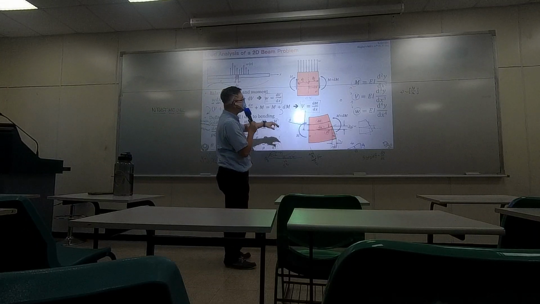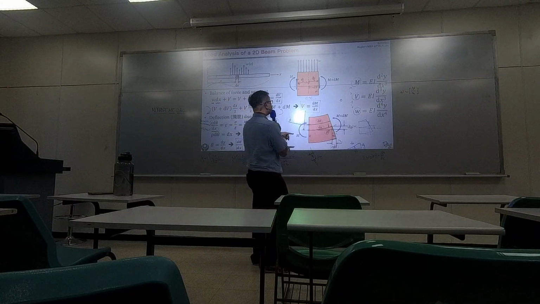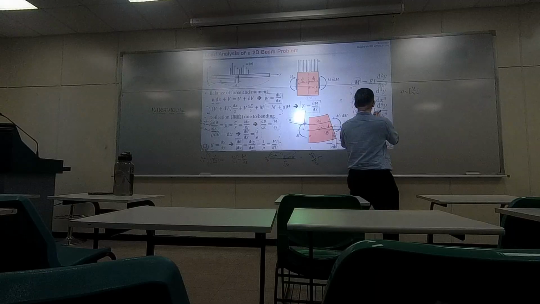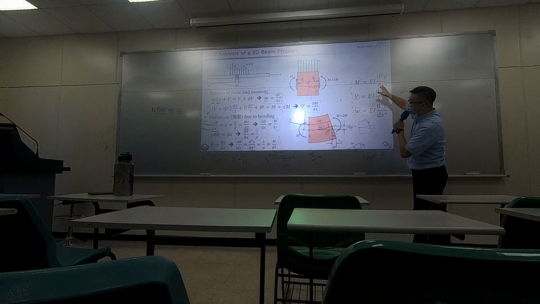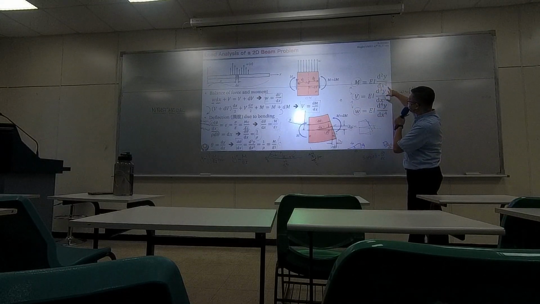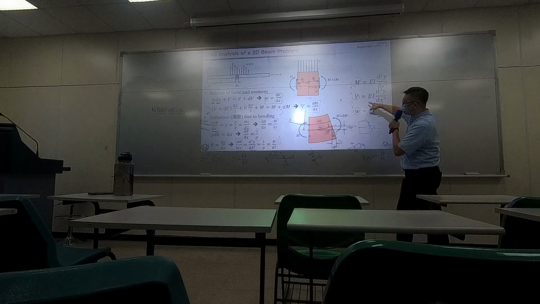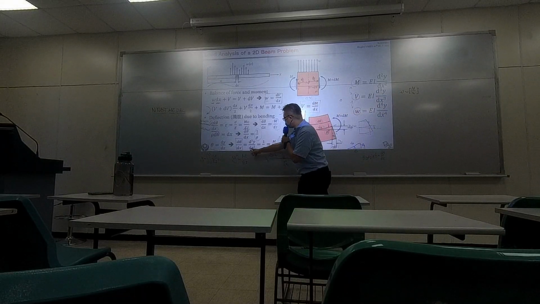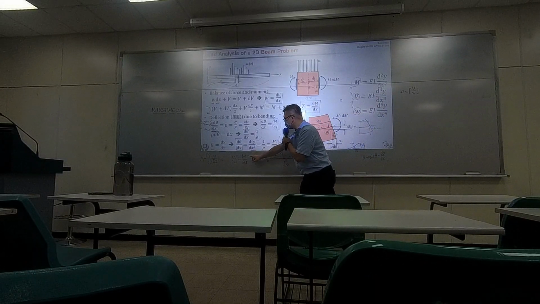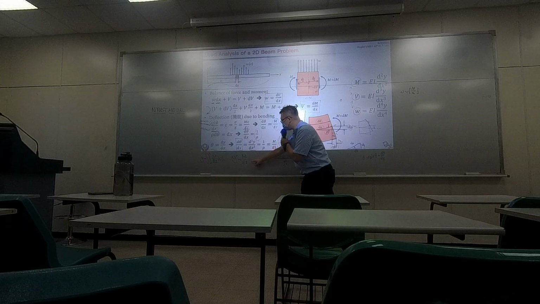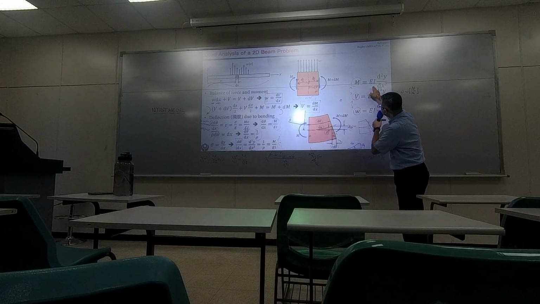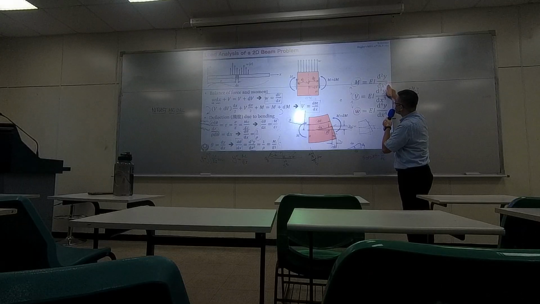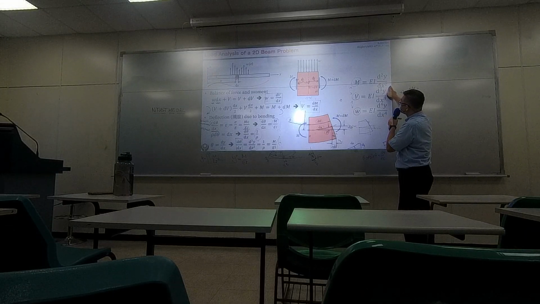So from this is also another relationship, basically here. Y double prime equals m over EI. So m equals EI times y double prime, right?